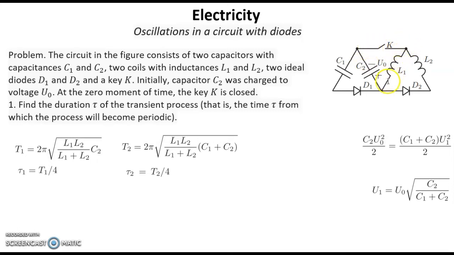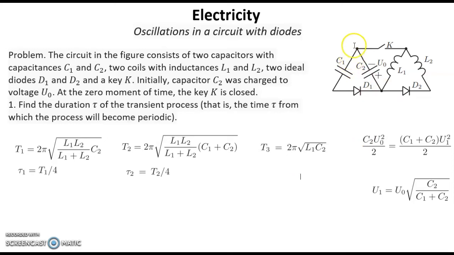So it can go this way, it cannot go through this second coil, and it cannot go through this diode and capacitor. So here we have only two elements for oscillations: capacitor C2 and the coil L1. In that case, the period will be T3, equal to just this expression.